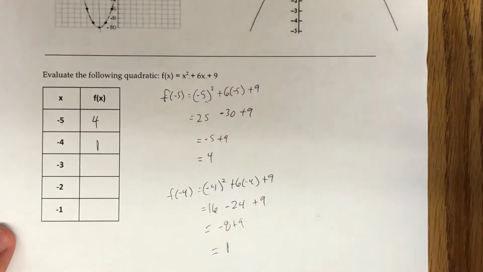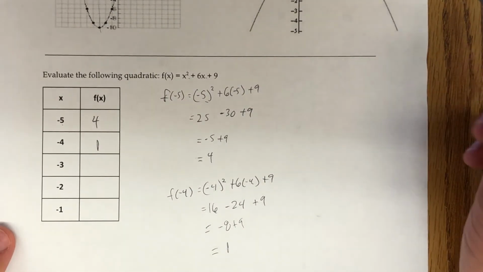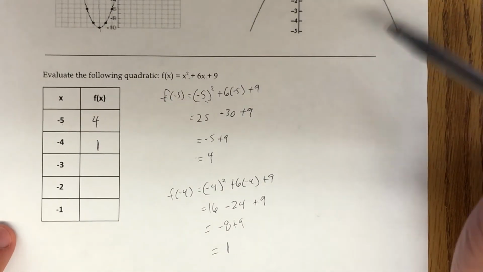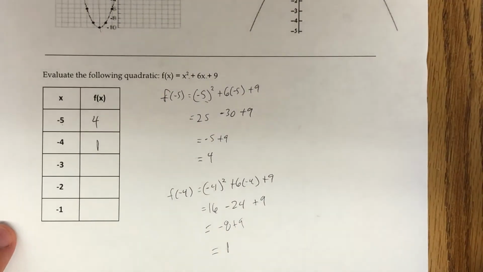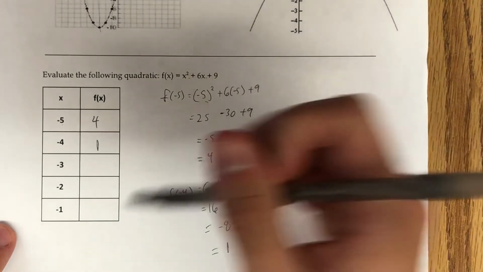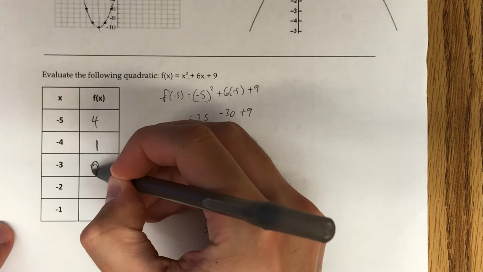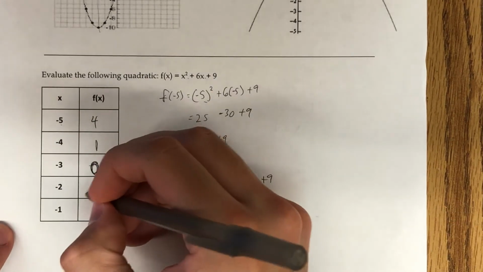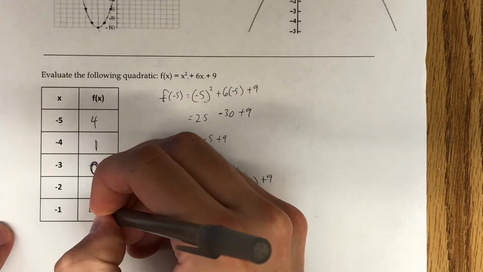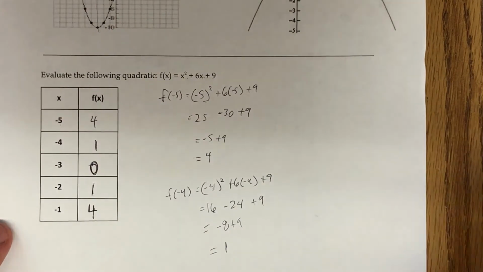So we get 1 when we plug in -4. So then you can go ahead and do the same thing for each of these. So pause the video, do the same for those. Okay, we're back. So you should get 0 here, 1 here, and 4 here.